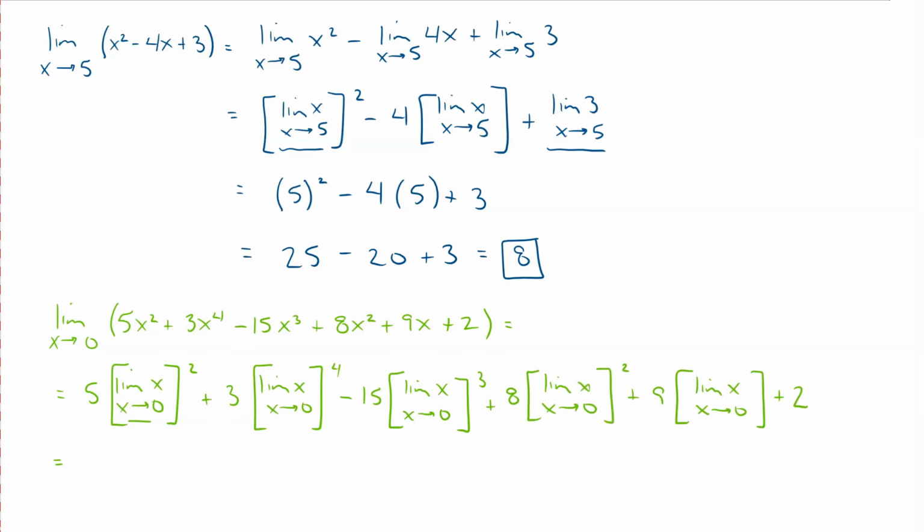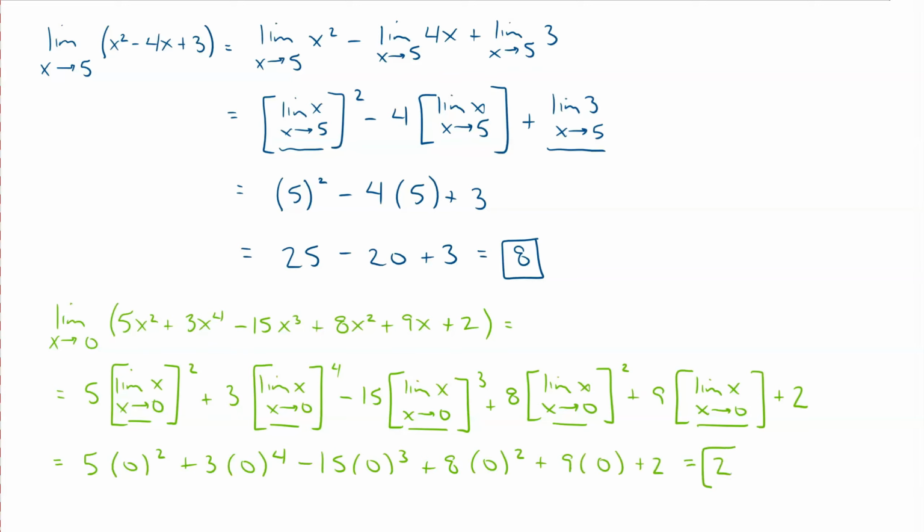And evaluating each of these inside limits, the limit of x as x goes to 0 is simply 0. We get 5 times 0 squared plus 3 times 0 to the 4 minus 15 times 0 cubed plus 8 times 0 squared plus 9 times 0 plus 2, and we end up with 2.